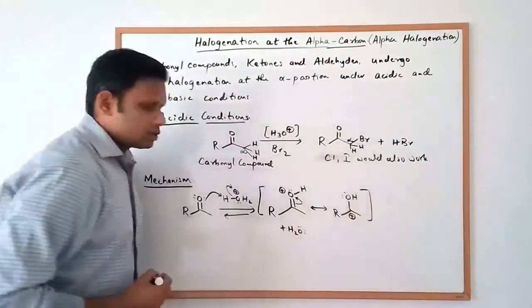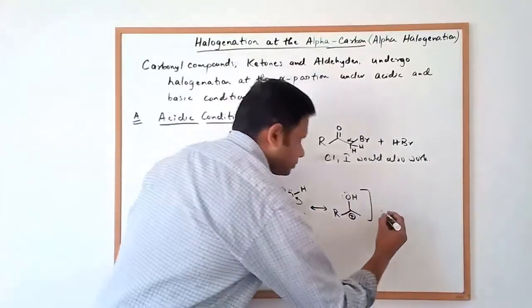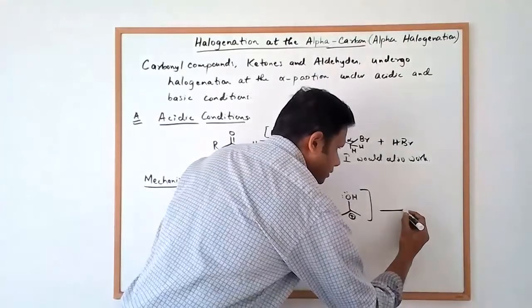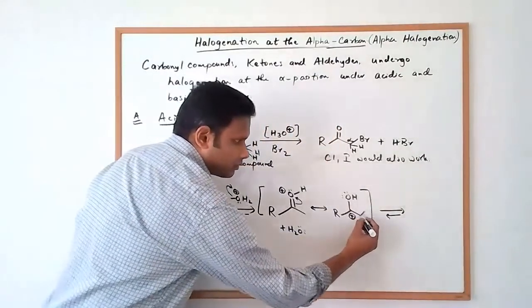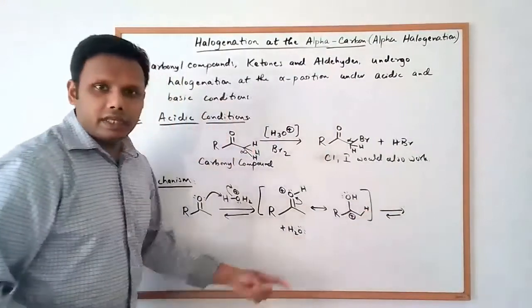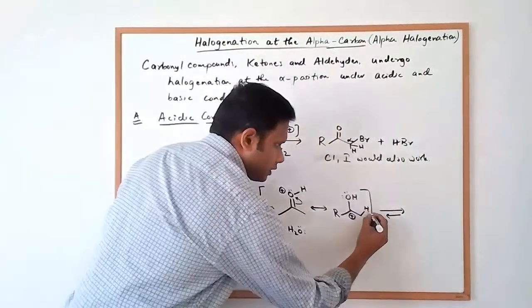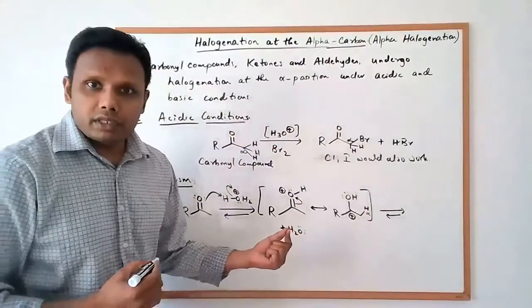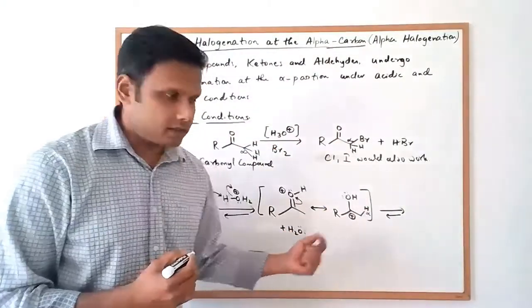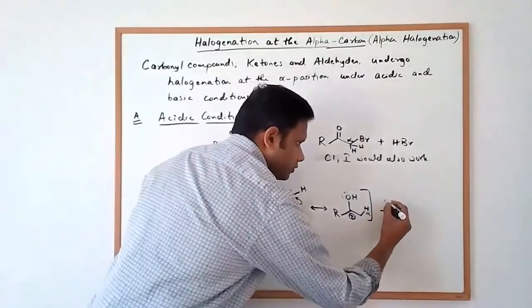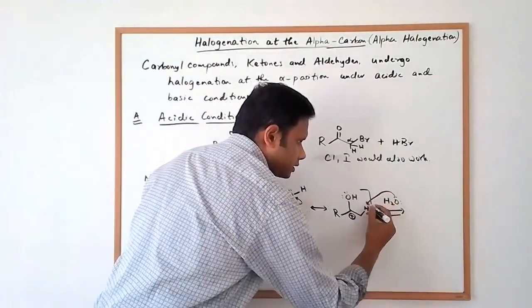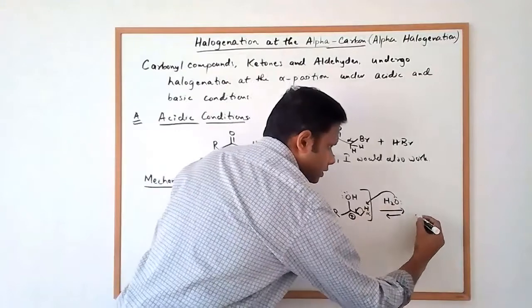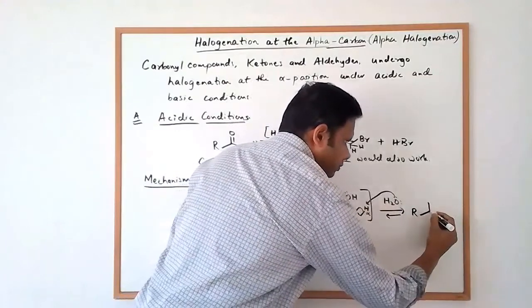This is just a resonance form that we're drawing. And from here, one of the alpha hydrogens, and the key would be that there is at least one alpha hydrogen present here, can be deprotonated under these conditions to give us the enol.